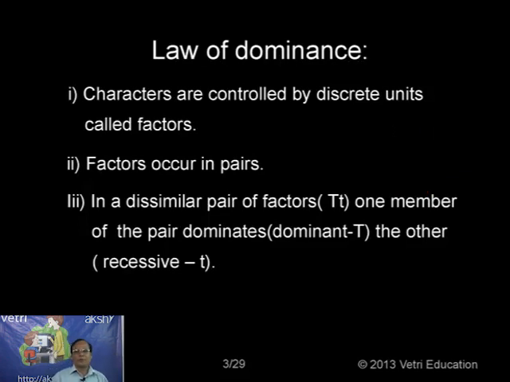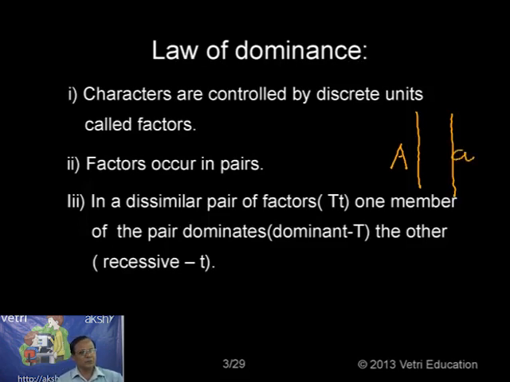Now, in a dissimilar pair of factors, the homologous chromosomes may not have the same factors. In one chromosome we have a capital letter, and in the other a small letter of the same alphabet.